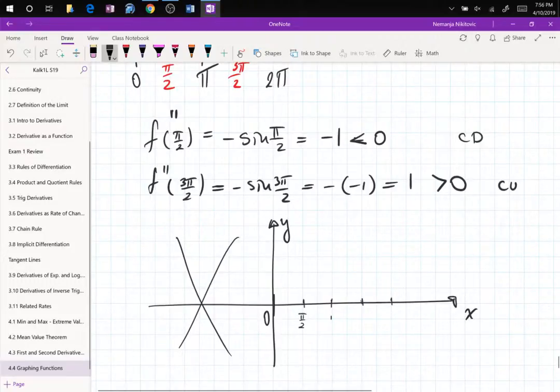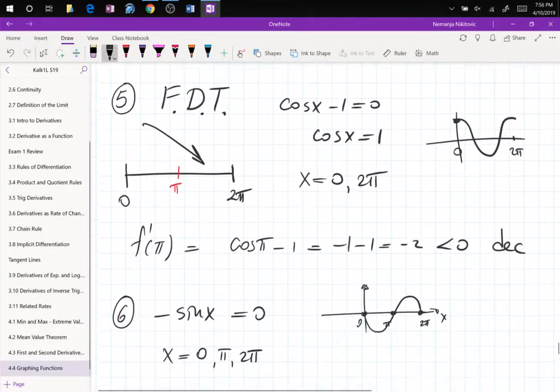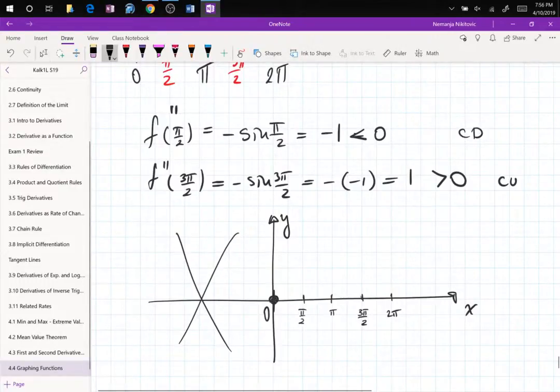Pi over 2, pi, 3 pi over 2, 2 pi. What do I have as my points that I use? I have 0, 0 as a point.